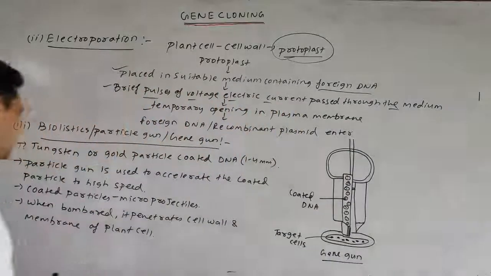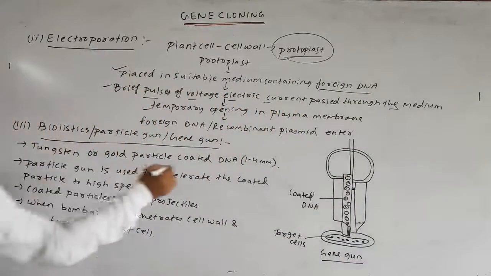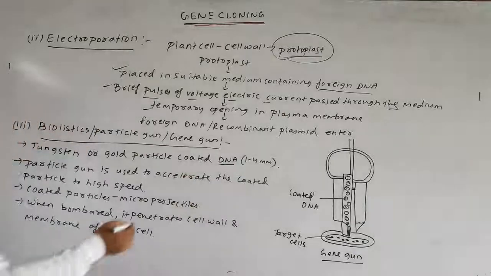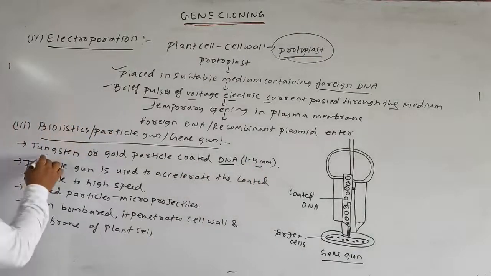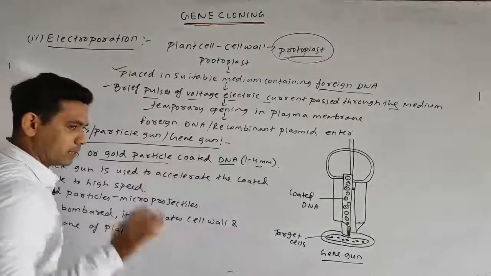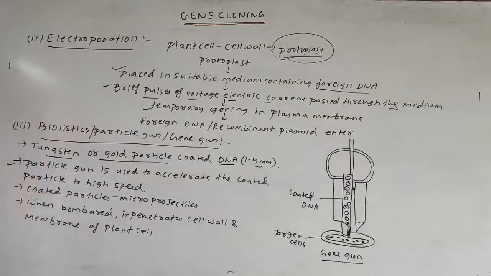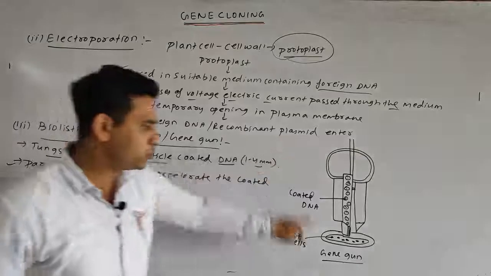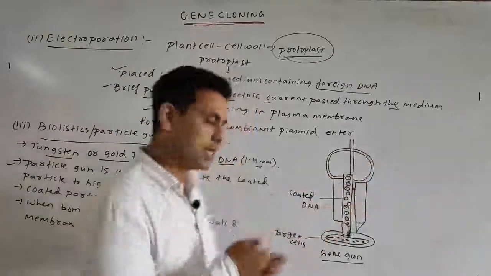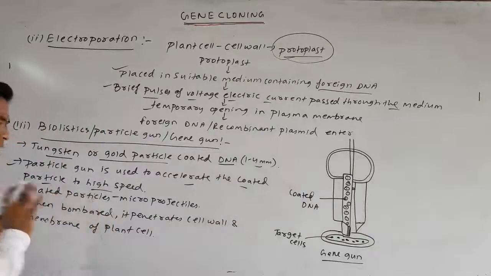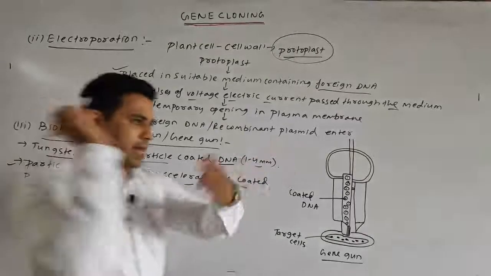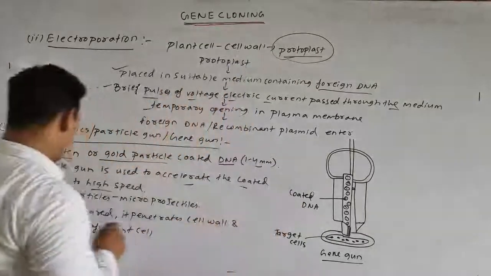Basically, the DNA, about 1.1 to 4 millimeter in length, is coated with tungsten or gold particles. Second, the particle gun is the instrument used to accelerate the coated particles at a very high speed, so that they can directly penetrate into the host cell.